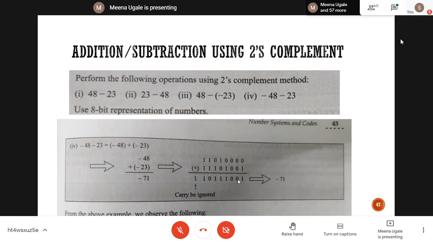Now in this case, if you see what is happening, carry is generated, we have to ignore this, but still here it is 1 at MSB, so this is a negative number. So you can take 2's complement of this, you will get plus 71. That is, the final answer here is minus 71. Yes. For minus 48, we have to take 2's complement of 48. Yes, yes. Okay.